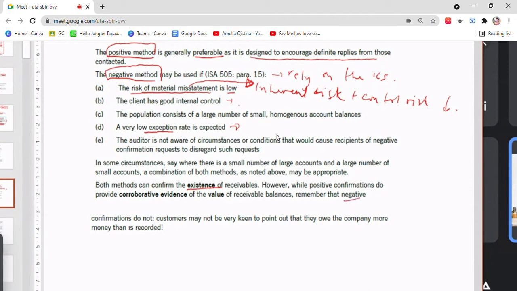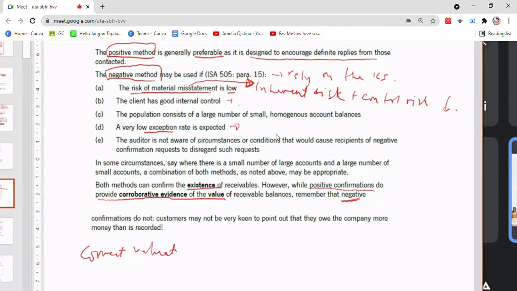Okay, for the negative confirmation it is quite difficult, so you have to perform another test. Negative confirmation does not. So this is talking about positive confirmation providing corroborative evidence of the value, on the correct valuation.